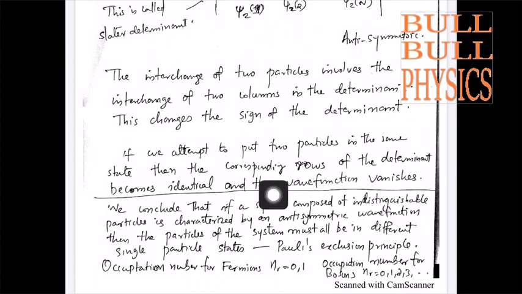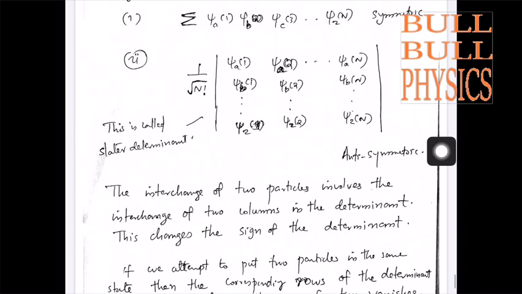The corresponding rows of the determinant become identical and the wave function vanishes. This is the Pauli exclusion principle. Also, if we interchange any two particles, suppose the first particle is in state B and the second particle is in state A, then here we will have B and here A.